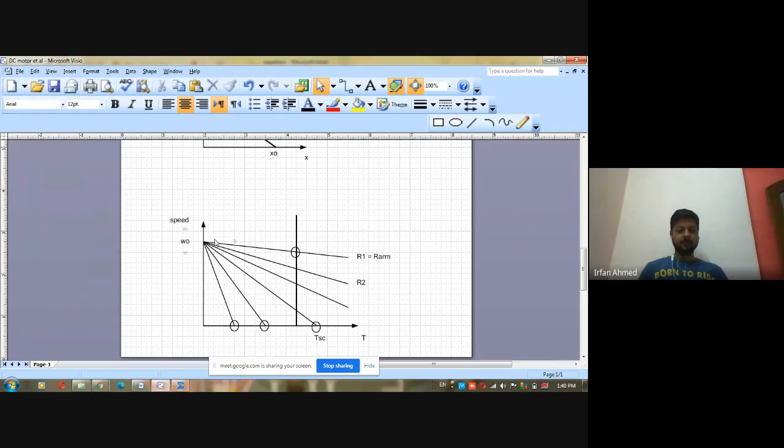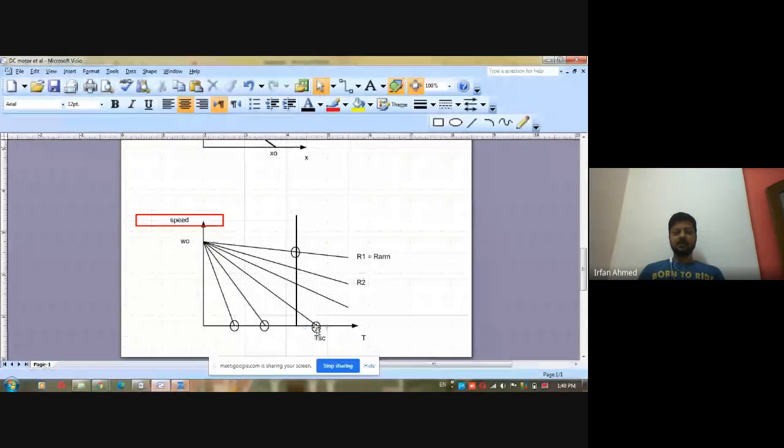This is the point of the ideal no load speed, and this point corresponds to the short circuit of the armature, where the motor torque is equal to the short circuit torque and the speed is 0. Is this clear? One way was to obtain these 2 points, and another way is to obtain this point and this point, or the intersection along the y-axis and the intersection along the x-axis.